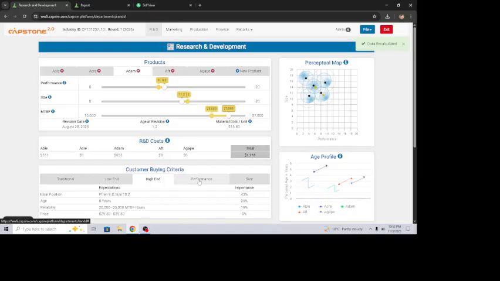And then we'll go to the next product, which is Aft, and it's in the performance market segment. Looking at the performance market segment, reliability has the most importance, 43%, followed by ideal positioning with a performance of 10.4 and a size of 15.3, and it has 29% importance. So in this case, we are going to settle for an MTBF of 27,000.